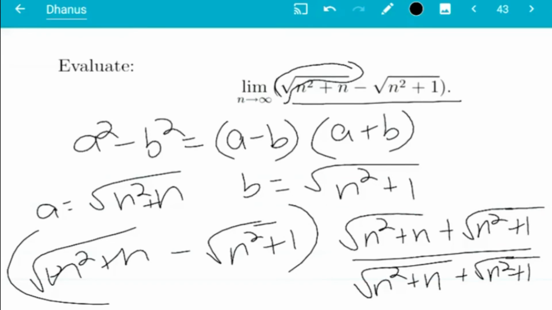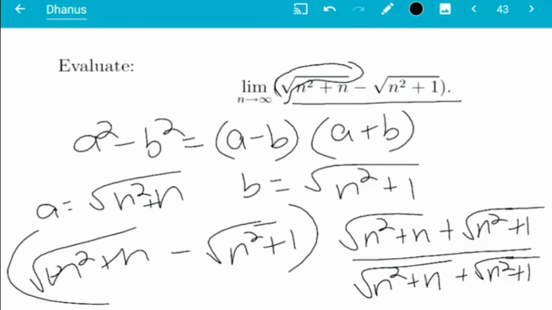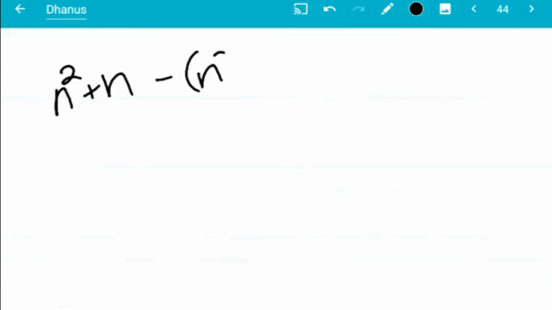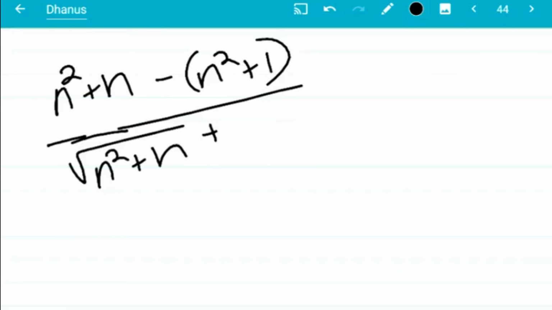In the numerator we will get n square plus n minus n square plus 1, and in the denominator we have root of n square plus n plus root of n square plus 1.